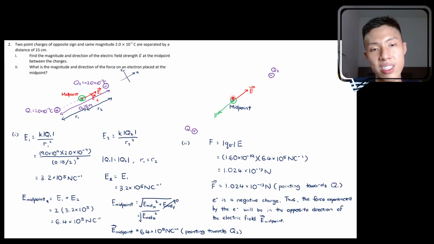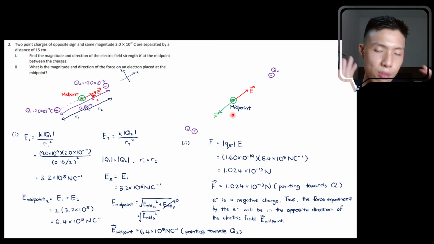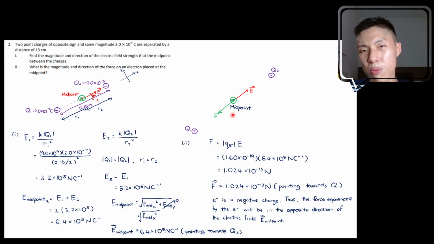Not many people explain in terms of a 2-stage process, but if you are able to visualize it that way, then you know which formula is relevant to which situation. I think that's quite important to understand. So that's all for this question.